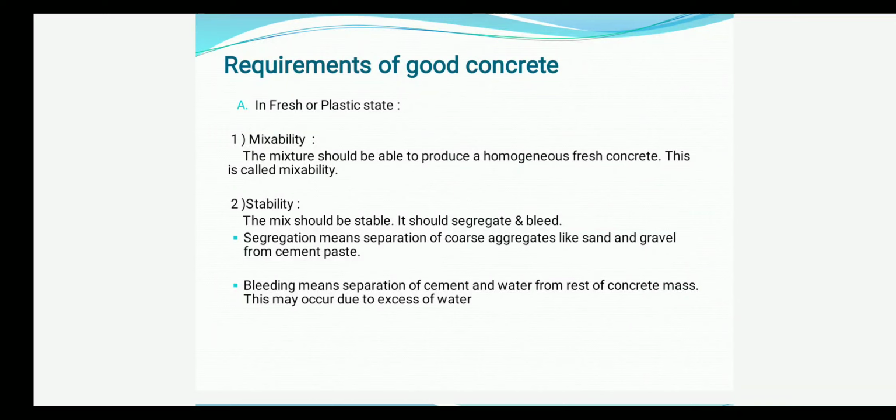So there should be an adequate or proper proportion of each of the ingredients in the concrete. That is, there should be a proper proportion of cement, fine aggregate, coarse aggregate and water. If one of the proportions gets disturbed, segregation and bleeding may occur.